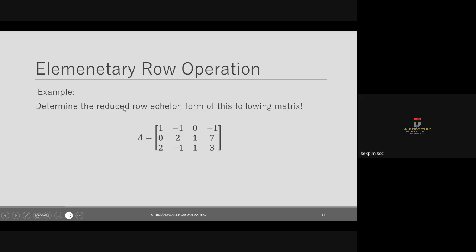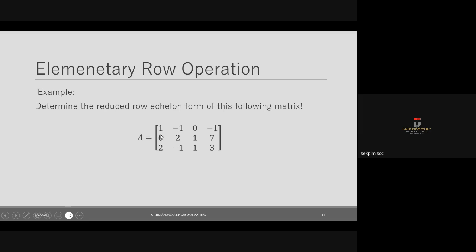Reduced row echelon form, in Indonesian, is matriks echelon baris reduksi. So we always have a pivot. The pivot element is always in a diagonal location, where the row number and column number are equal. And in reduced row echelon form, every element under a pivot element should be 0.